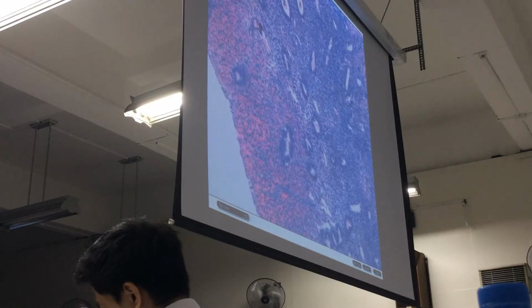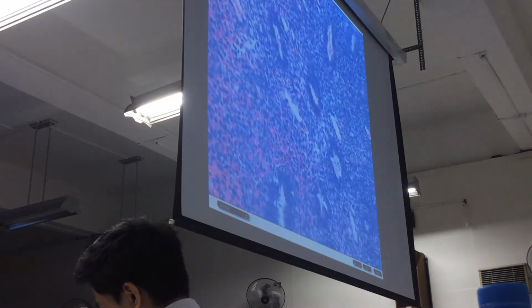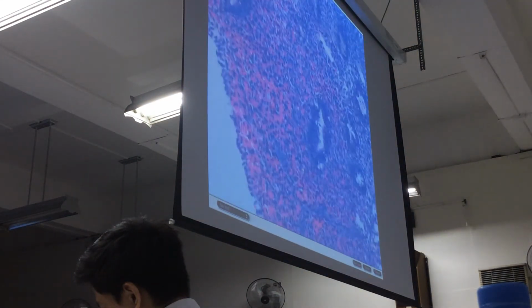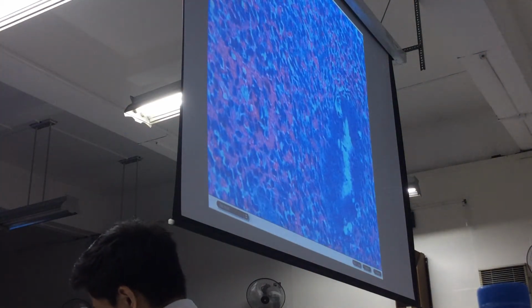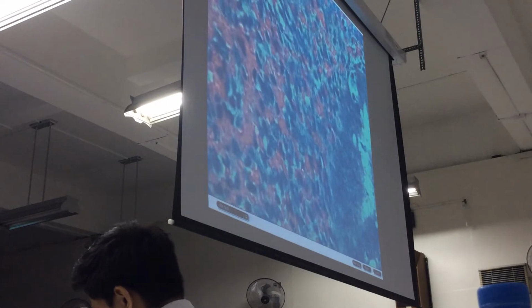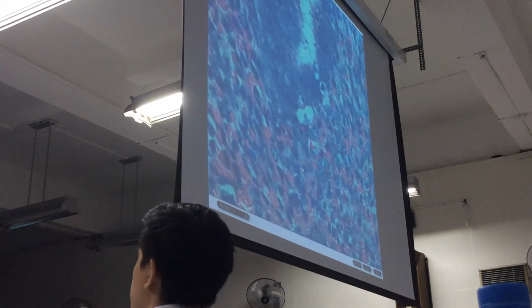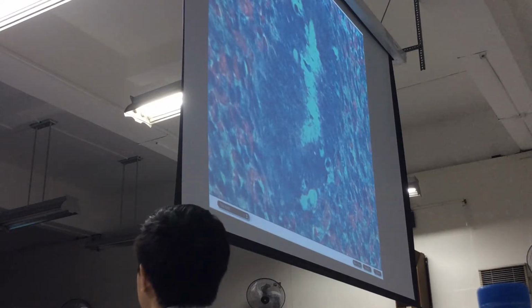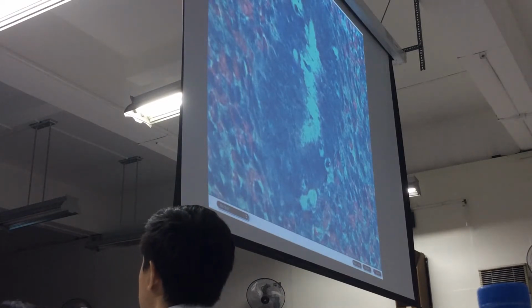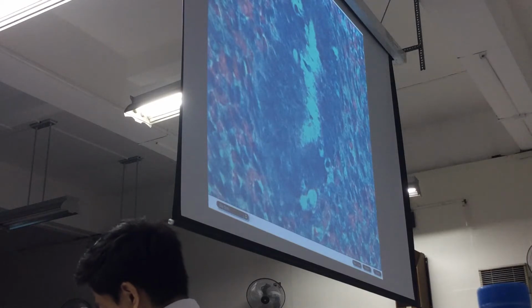On higher magnification, the glands will be lined by columnar cells, which are pseudostratified, and you may even see mitotic figures. Okay? That is because the cells in these glands are also proliferating.